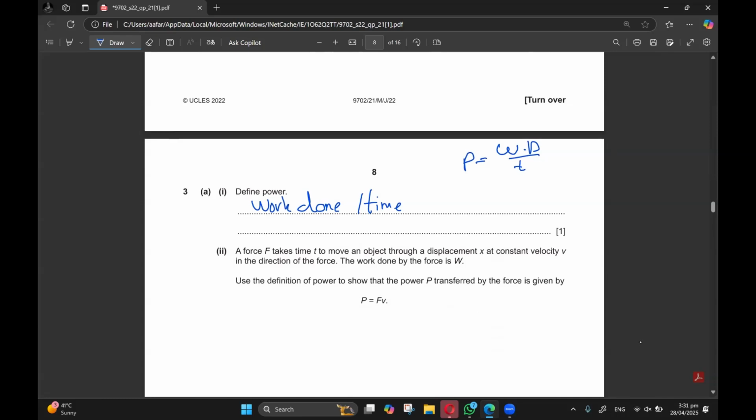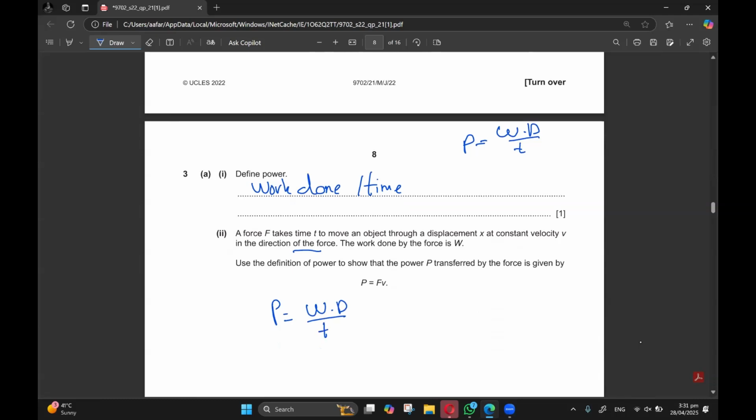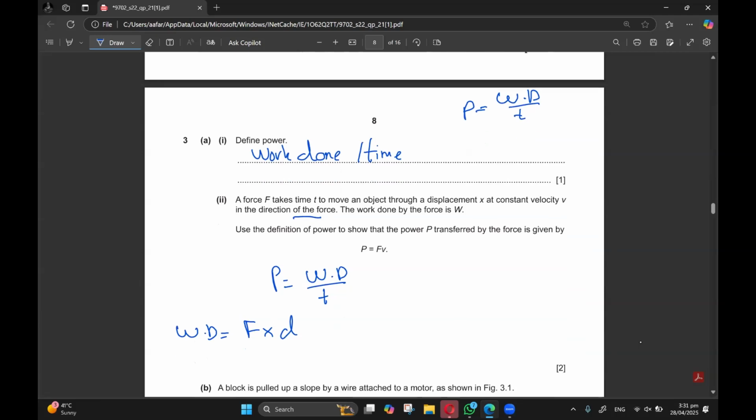Force F takes time t to move an object through displacement x at constant velocity v in the direction of the force. The work done by the force is W. Use the definition of power to show that power P transferred by the force is given by P is equal to Fv. So we know P is equal to work done over time, and work done is force into distance or displacement moved by the object.